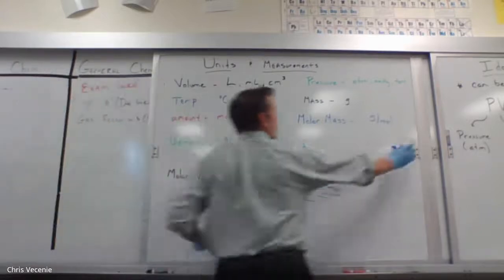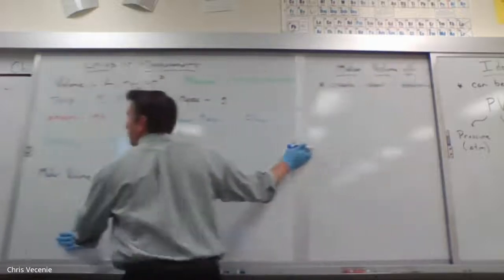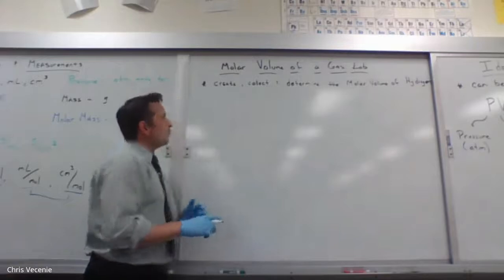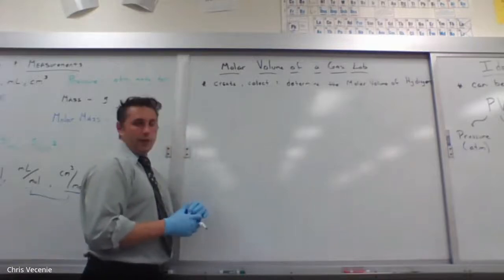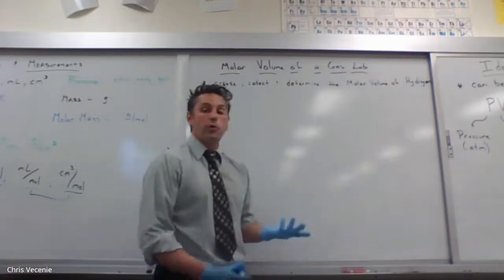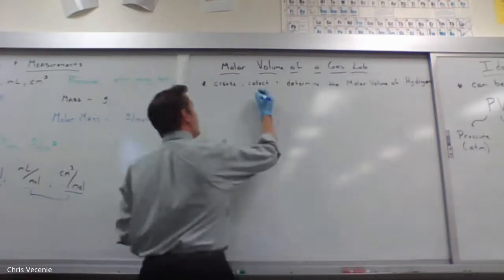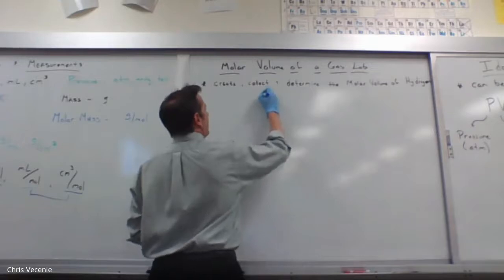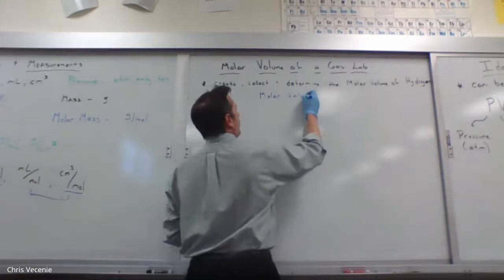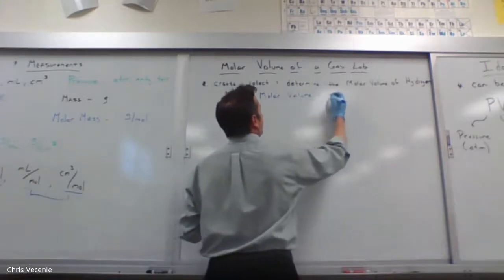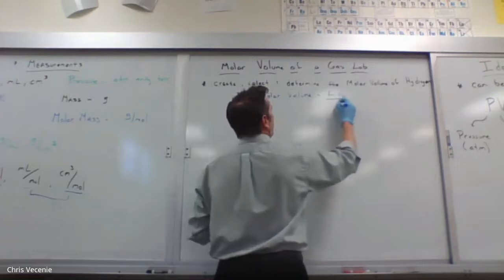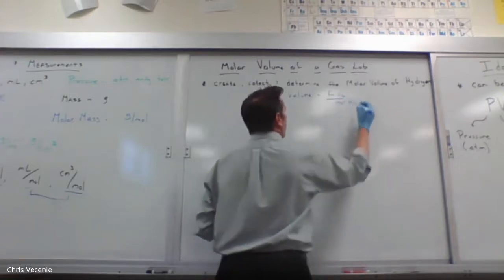All right, so if we were listing the goal of this lab, the molar volume of the gas lab, we are trying to create, collect, and determine the molar volume of hydrogen. So we want to get, for the gas we create, the liters of it per moles of it.